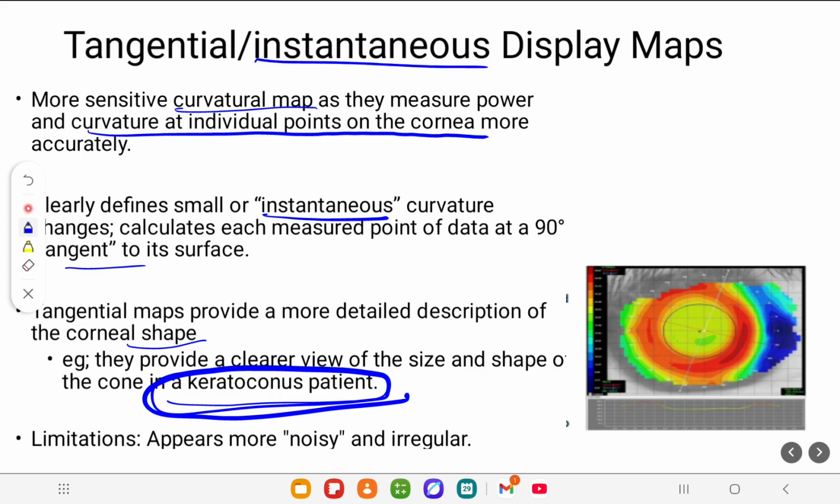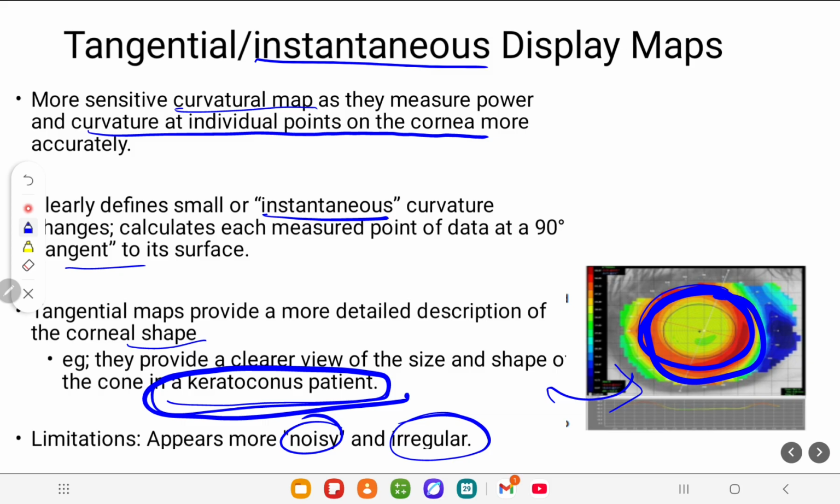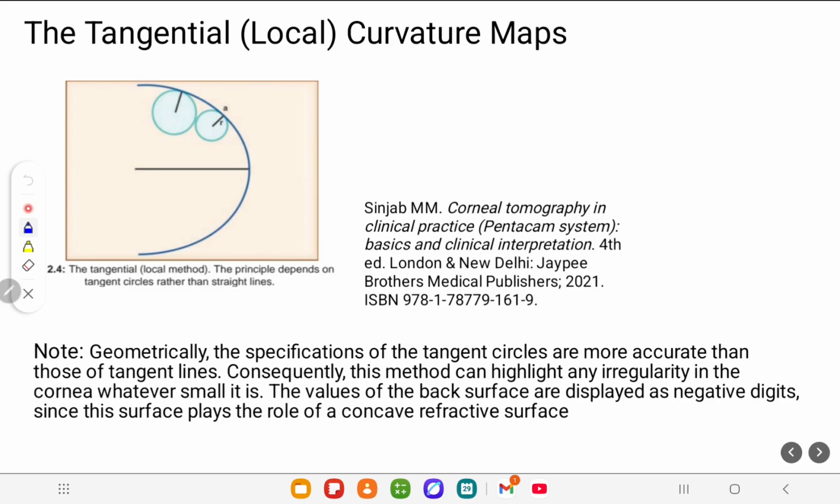Like for optometrists, for example in orthokeratology, the tangential map is gold. So limitations, yes, obviously it appears more noisy and irregular because it's like focus. See, there's the red band, elevation, and I think this is a case of orthokeratology, isn't it? So I was telling you about it.